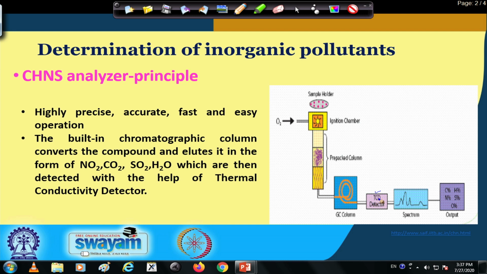TCD is short for thermal conductivity detector, and based on the individual compound, a spectrum is obtained, and from analyzing this spectrum, they can calculate the total carbon percentage, total hydrogen percentage, total nitrogen percentage and total sulfur percentage, and sometimes oxygen percentage also. So, this is how this CHNS analyzer basically operates.